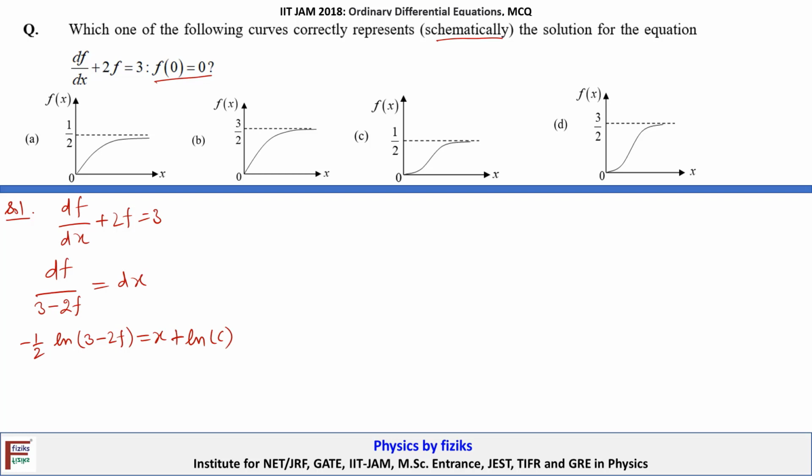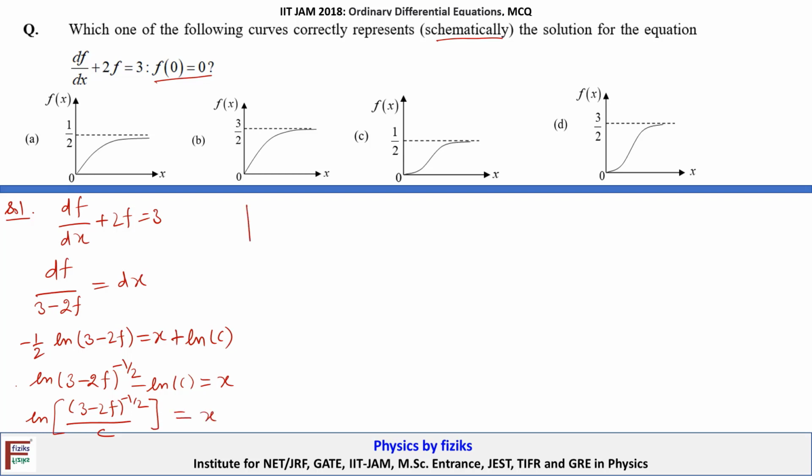Now combining the two ln terms, we can write ln of 3 minus 2 times f to the power minus 1 by 2 minus ln of c is equal to x, and from here ln of (3 minus 2 times f to the power minus 1 by 2) divided by c is equal to x.